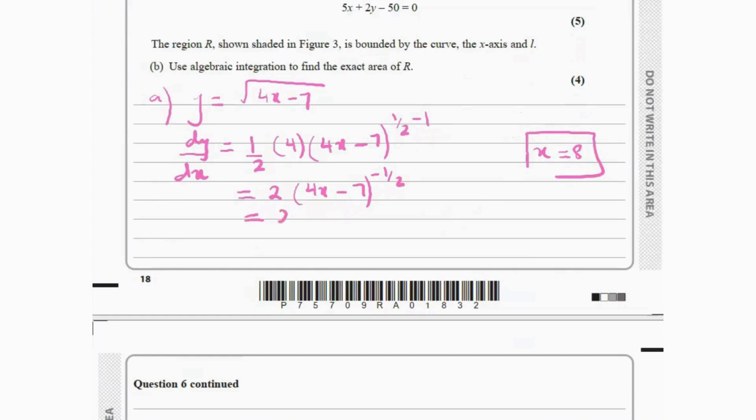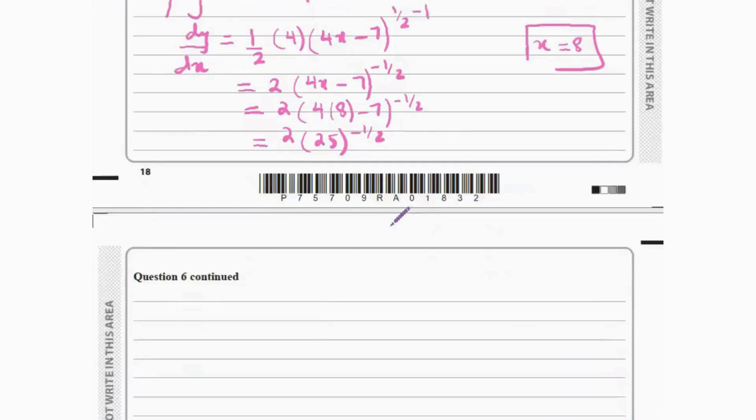So that's going to be 2 times 4 times 8 minus 7 to the power of -1 over 2, which gives us 2 times 25 to the power of -1 over 2. That's 2 over root 25, which is 2 over 5. This is your gradient of the curve.